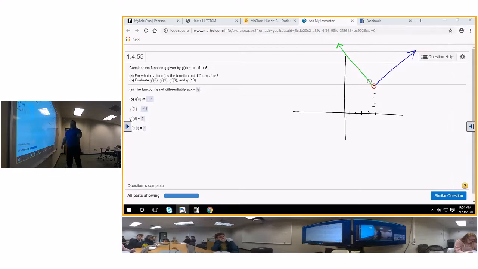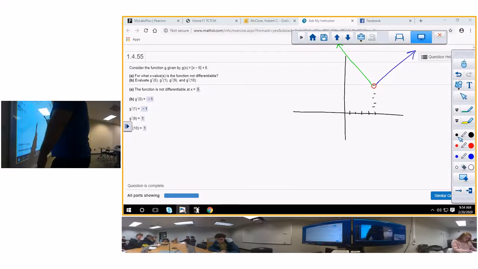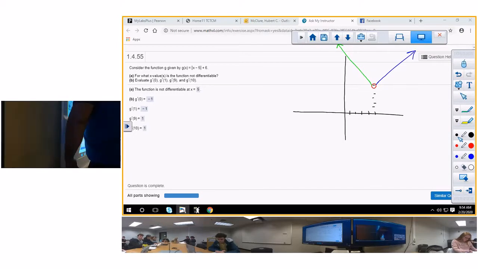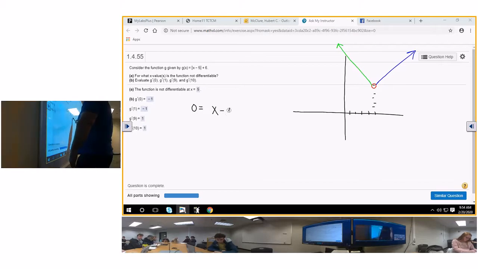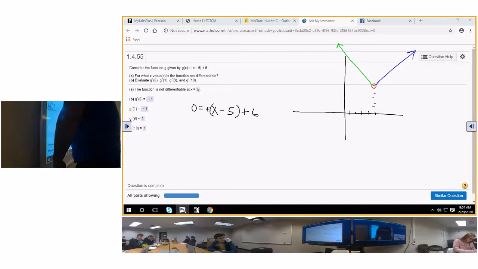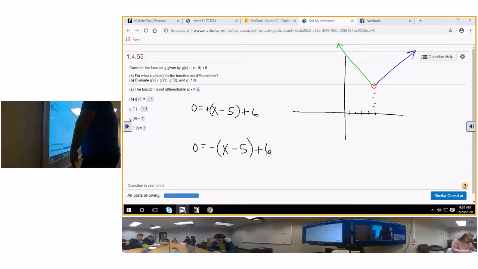Okay, now if you want to set this equal, and I'm just going to go that route because I don't know what they're wanting here, but anytime you want to find the zero of the function, you set it equal to 0. That's going to be 0 is equal to x minus 5 plus 6, that's the positive, and 0 is equal to negative x minus 5 plus 6.